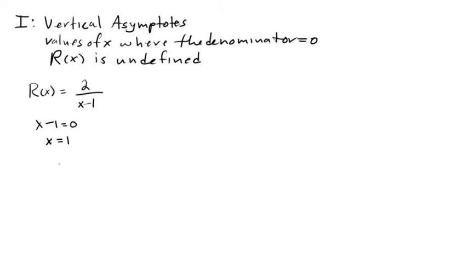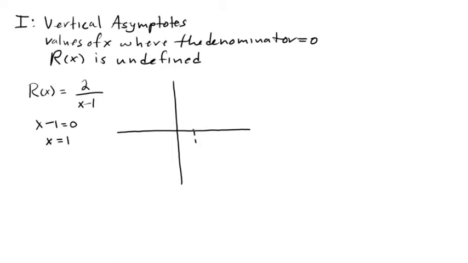So I have this point where the function's undefined, so on my graph I have a value of x that the graph can never obtain. So I'll start to do a quick sketch here. That's not a very good straight line, is it? Let's see if I can make an actual straight line here. That's a little better. At 1, I know the function can never take on that value.